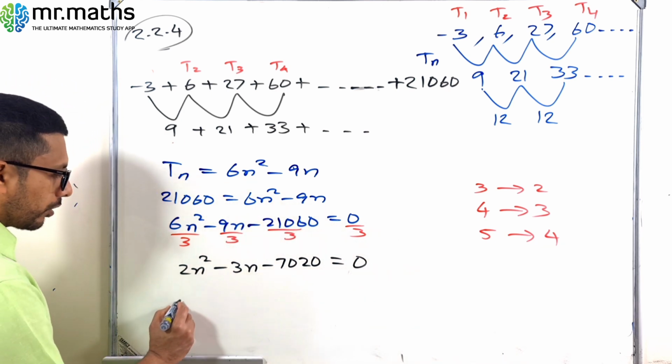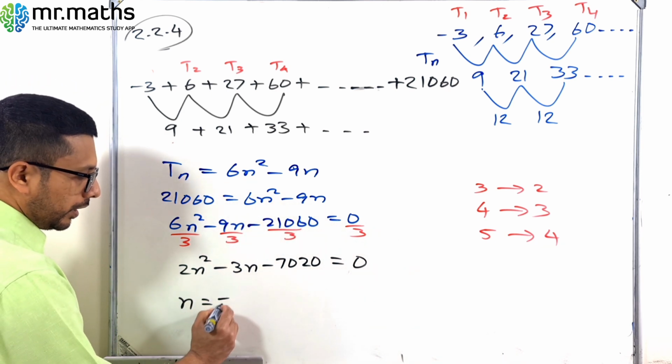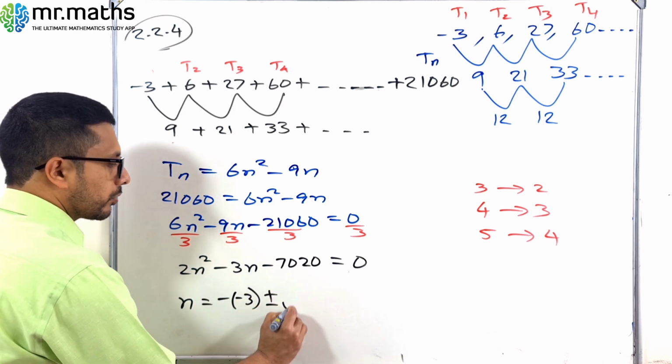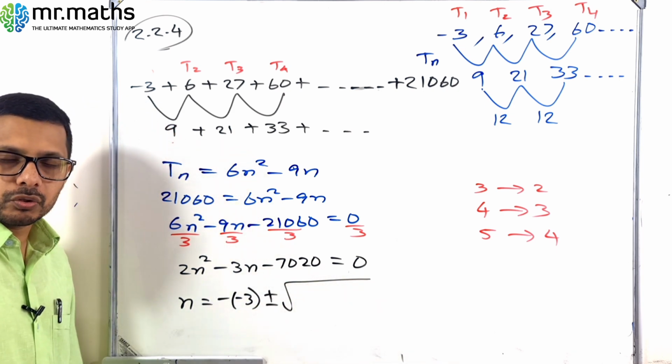So what is the quadratic formula? Minus b, what is b? Minus 3, plus or minus square root of... I am not going to explain much on the quadratic formula.